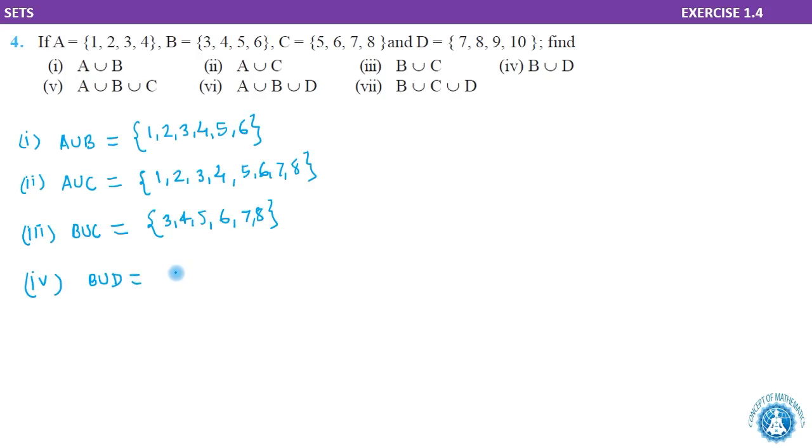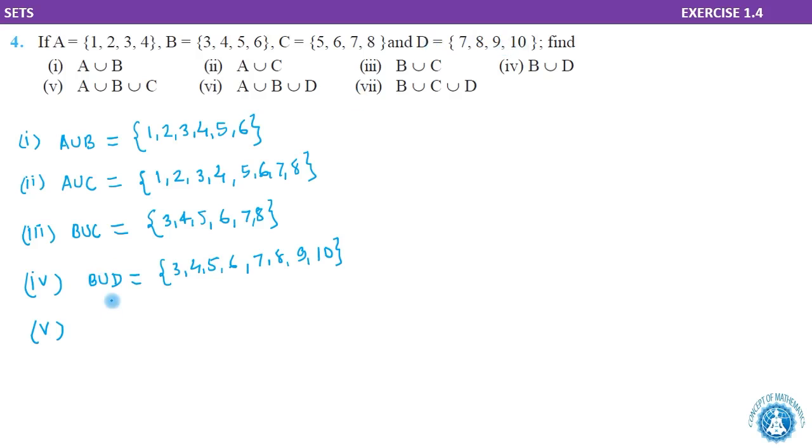B is 3, 4, 5, 6, and D starts from 7, 8, 9 and 10. Fifth is the union of all sets. Numbers running from 1 to 10 will be 1, 2, 3, 4, 5, 6, 7, 8, 9, 10.